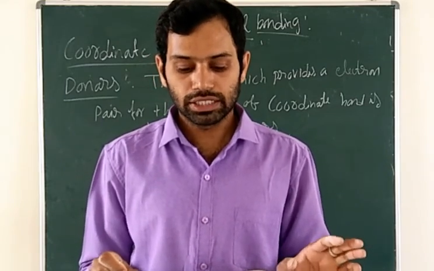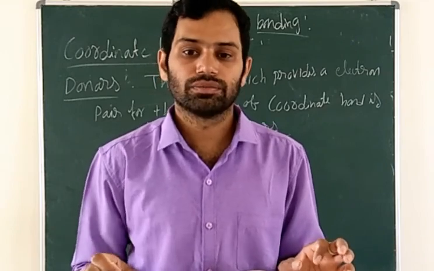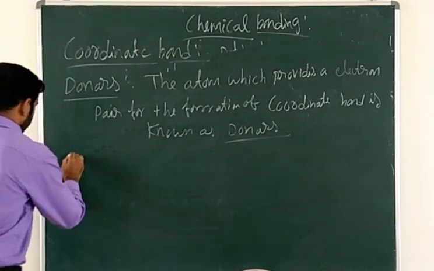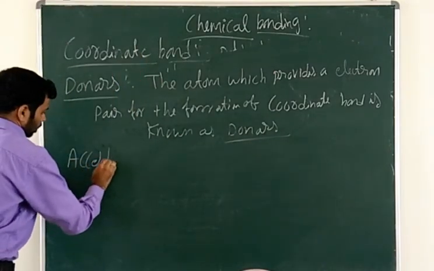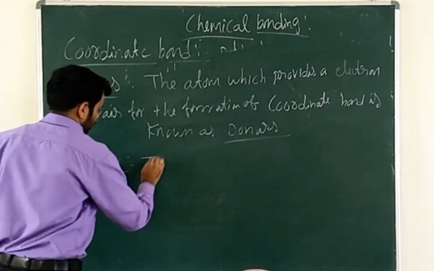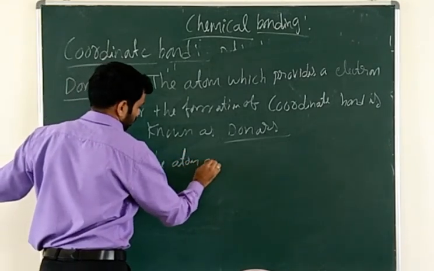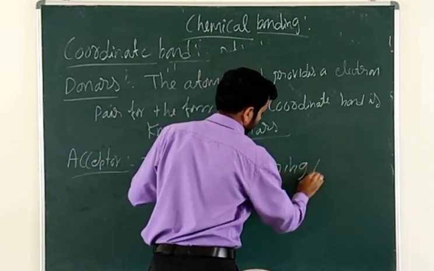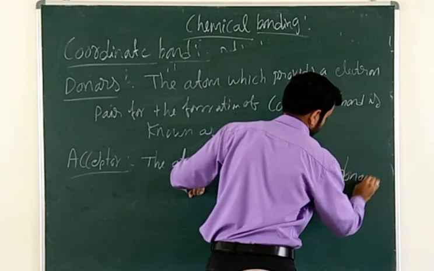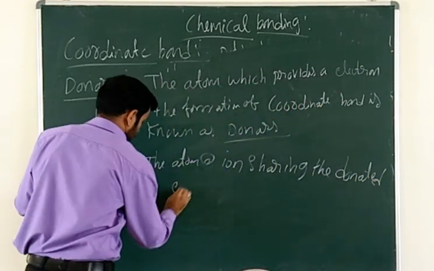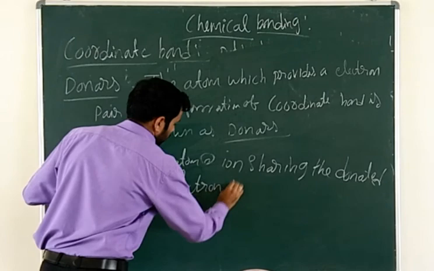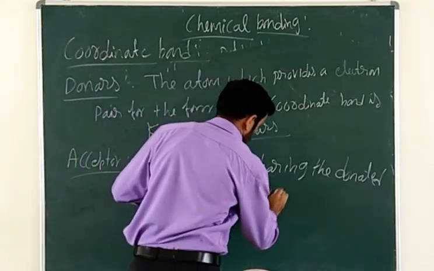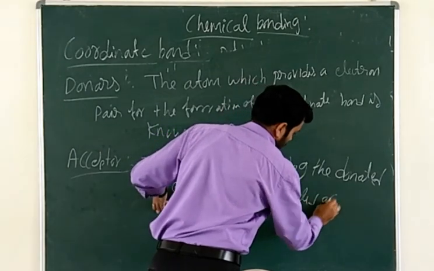The atom or ion sharing the donated electron pair is called the acceptor.